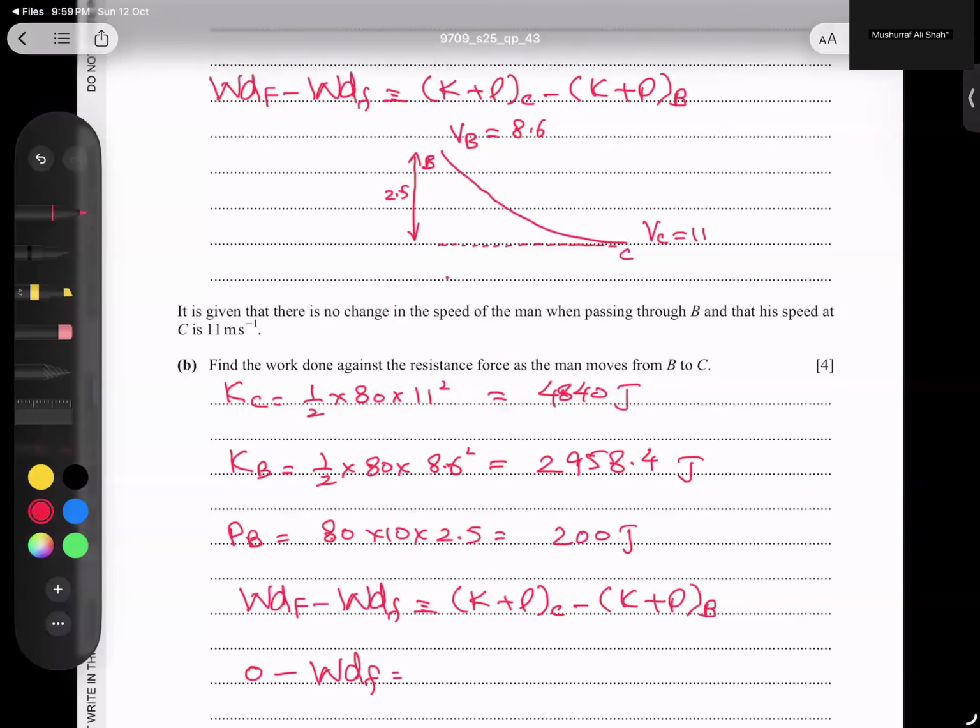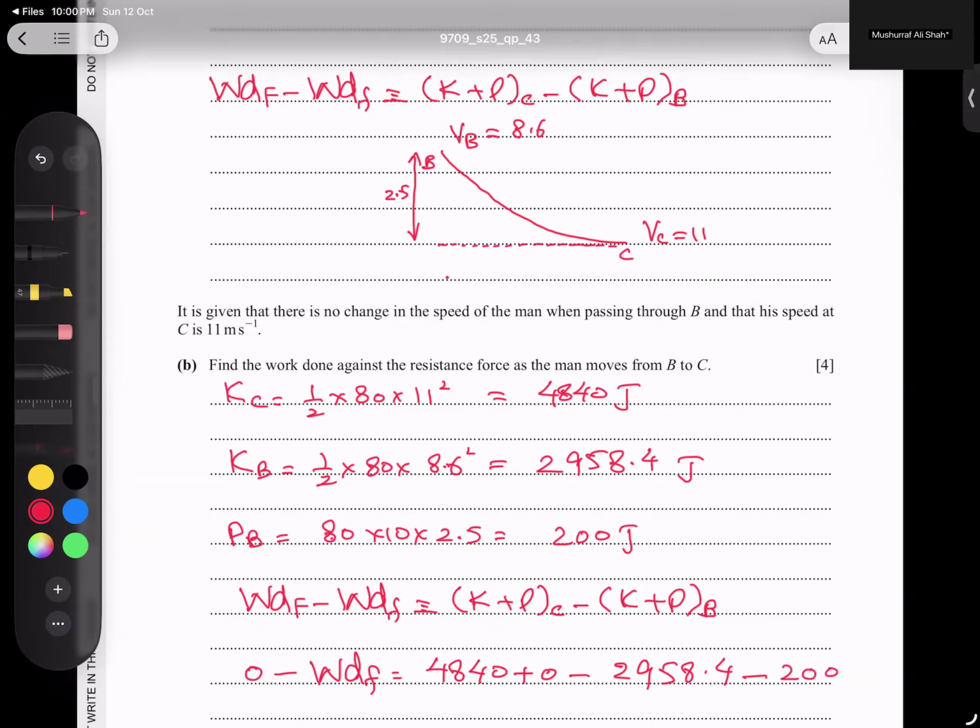Plug in KC is 4840. PC is 0 because it's a ground level. And kinetic energy at B is 2958.4. Positive, negative, negative, so I get a negative here. And negative potential energy at B is 200 joules.